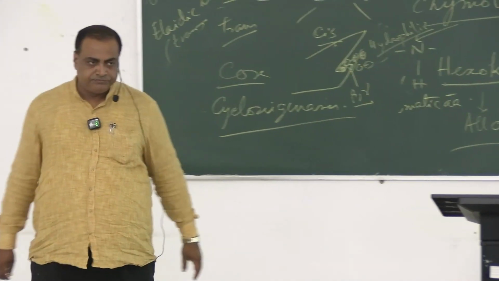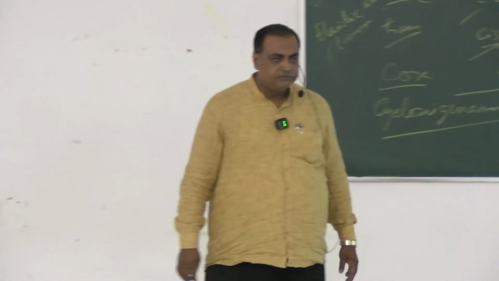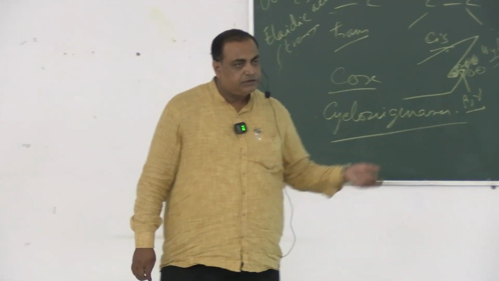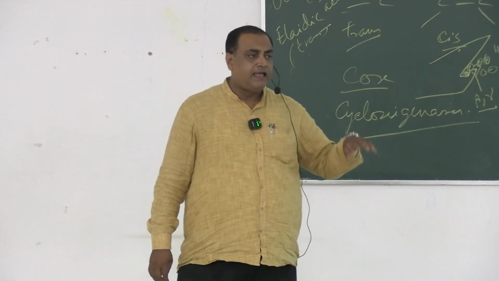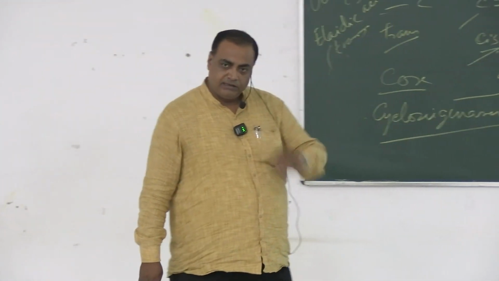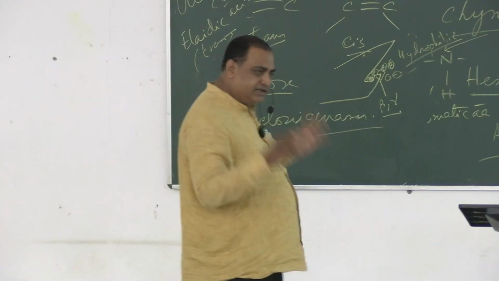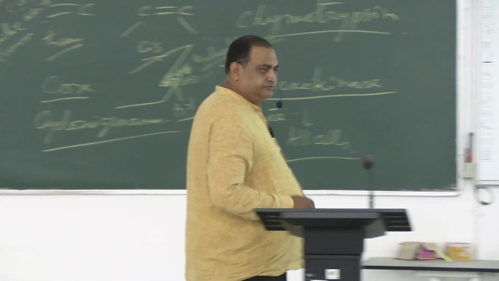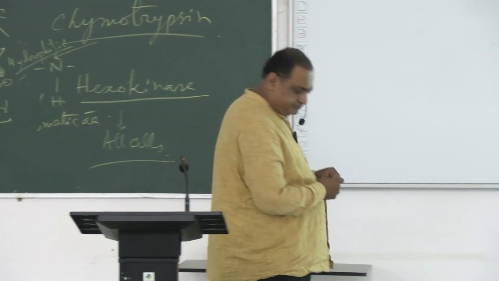Okay? Without magnesium ion, that cannot be done. That is the role of metal ion activated catalysis. Okay? And having zinc, which is fixed in the structure, is called metalloenzyme.